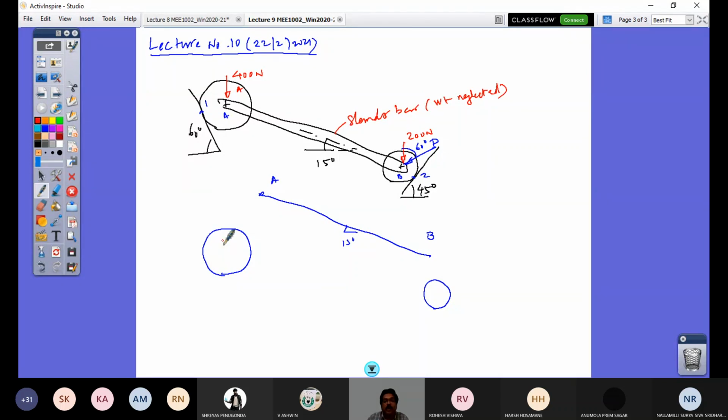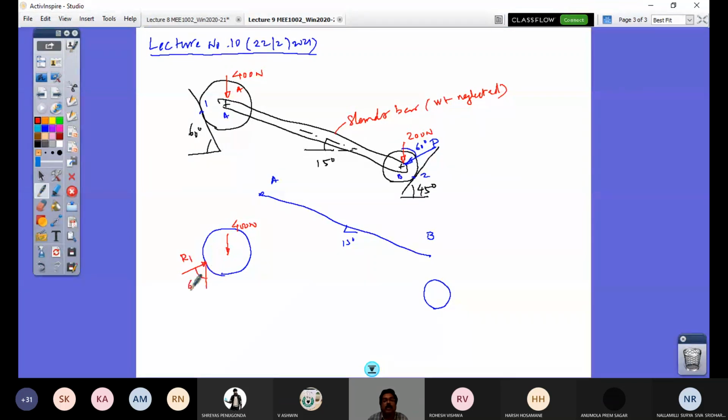These problems are good to practice your drawing of free body diagrams. 400 Newton weight. At this point 1, I have my reaction in the direction normal to the slope, that is R1. Since the slope is 60 degrees, the direction of R1 to the vertical is 60 degrees.